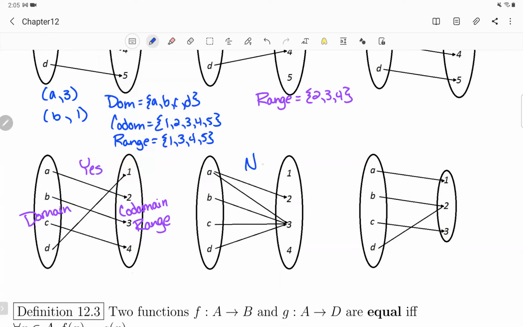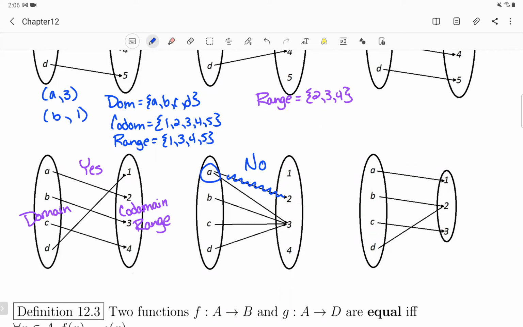Next one, what do you say? Nope. What messes it up? That A. If I had gotten rid of that line leading to 2, would it have been a function? Yes, it would be a silly function, a constant function, but those are functions. The function that says plug in x, output 3, always, is still a function.